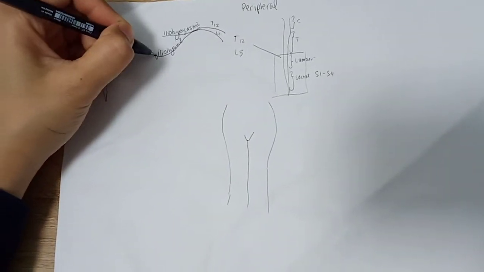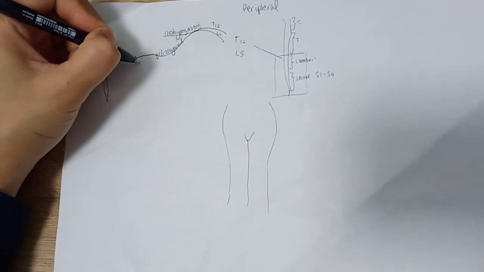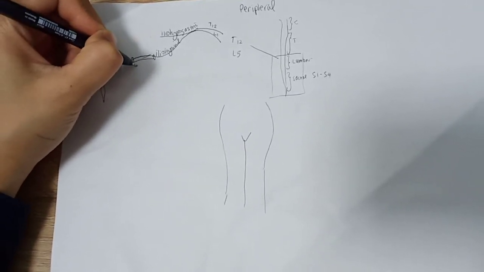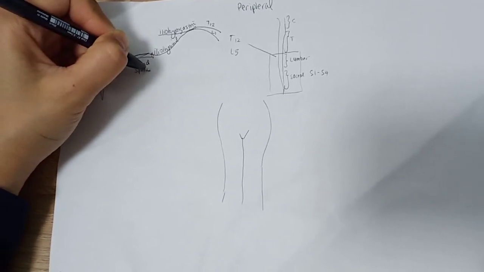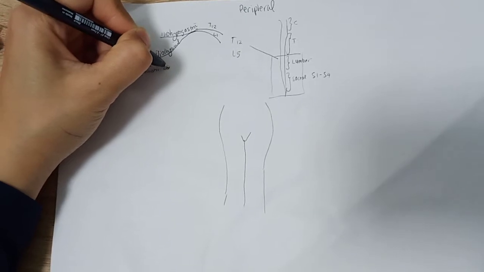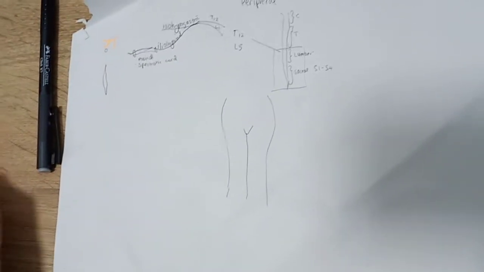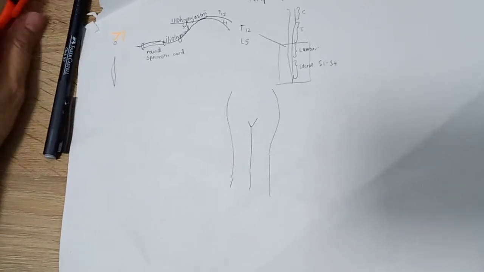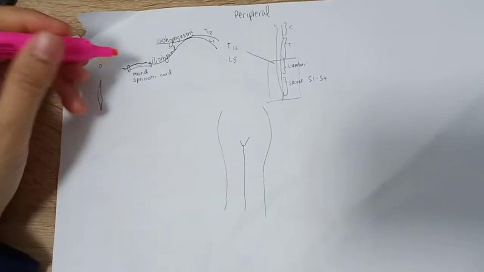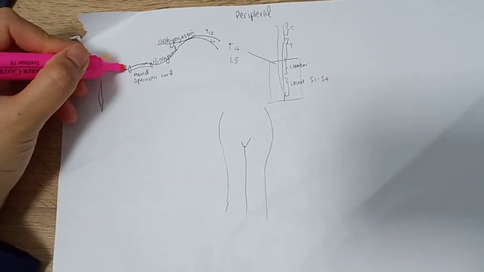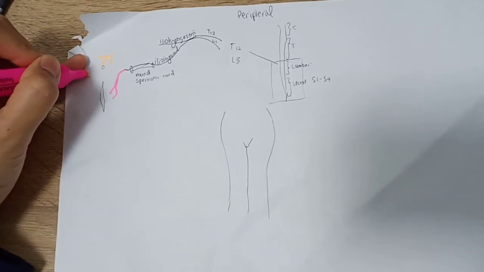And then the ilioinguinal, the famous one, goes inside the inguinal canal together with the round ligament in female and also with the spermatic cord in male. So it does give innervations to the labia. And the question that they usually ask is about which nerve basically runs together with the round ligament and spermatic cord. So it gives some innervations to the labia.